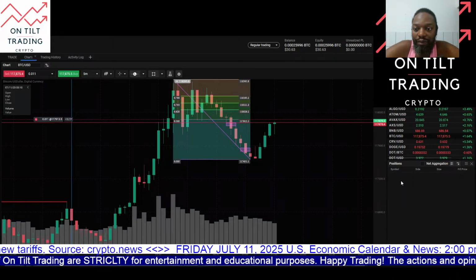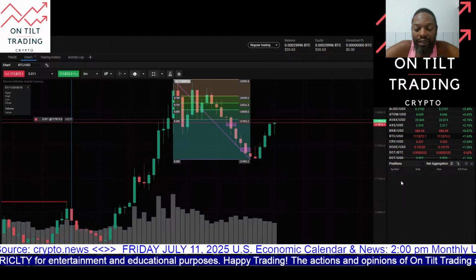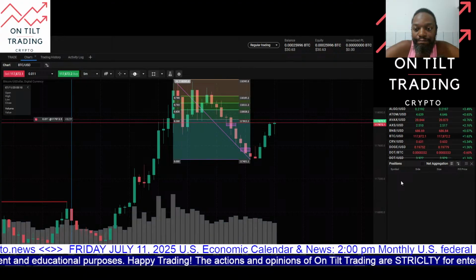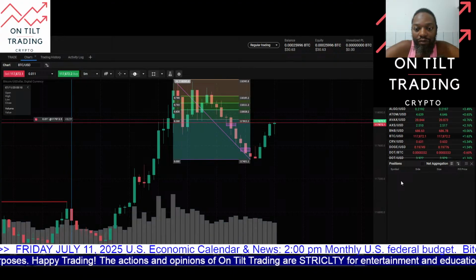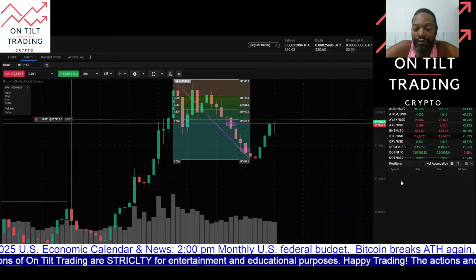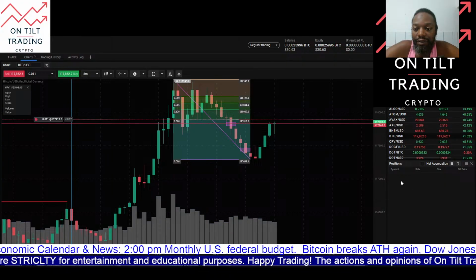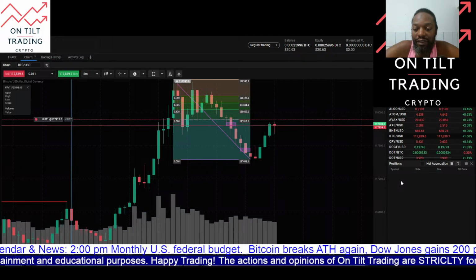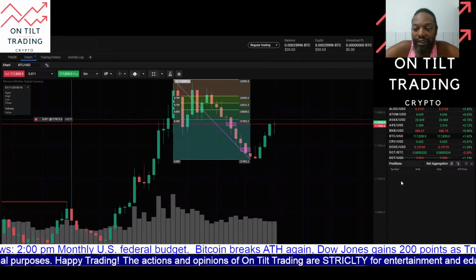Less than 1 minute remaining in the current 5-minute candle. Overall buy side delivery in this candle. Price consolidating between 117,850 and 117,880.